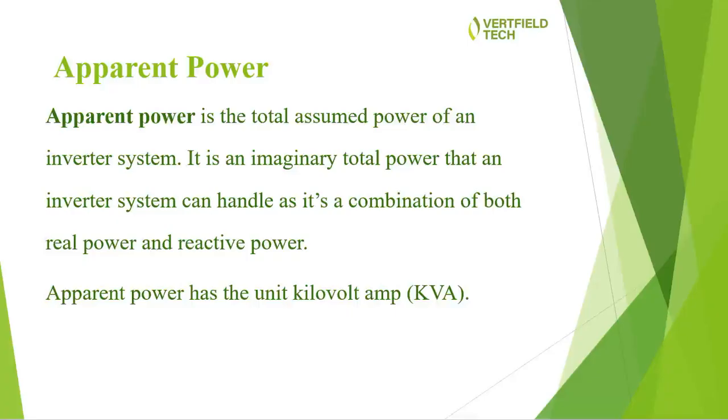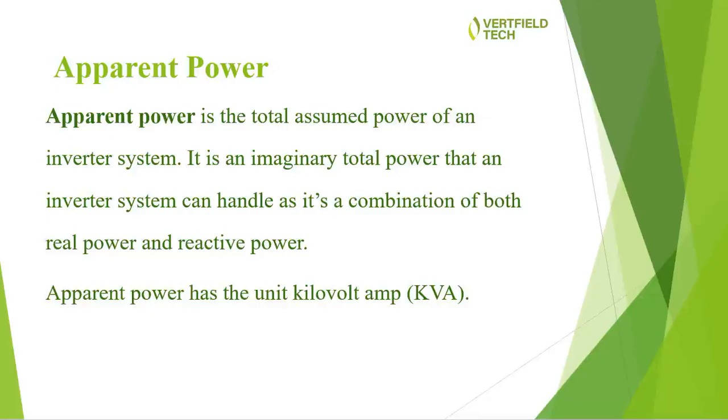Apparent power is said to be the total assumed power of your inverter system, or the imaginary total power that your inverter system can handle. Apparent power is a combination of the real power and reactive power. So when we talk about the apparent power, it is the total of the real power and reactive power.